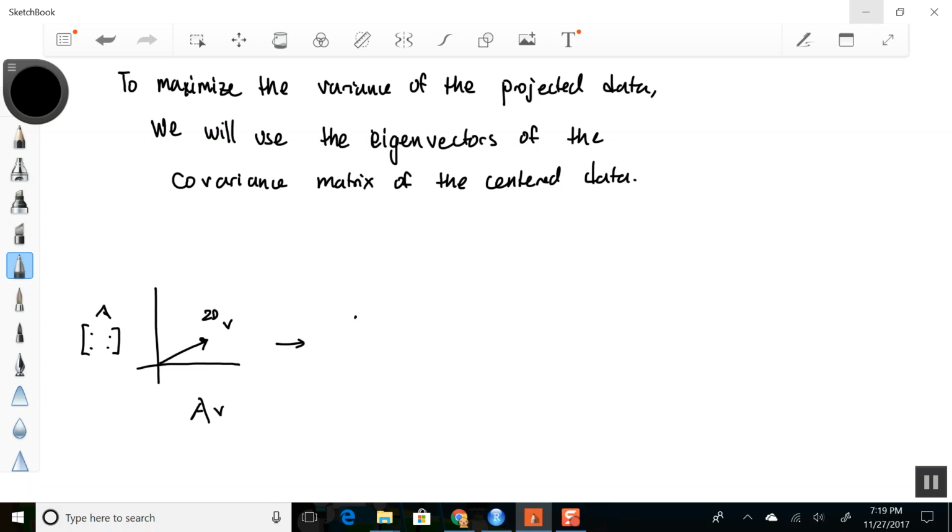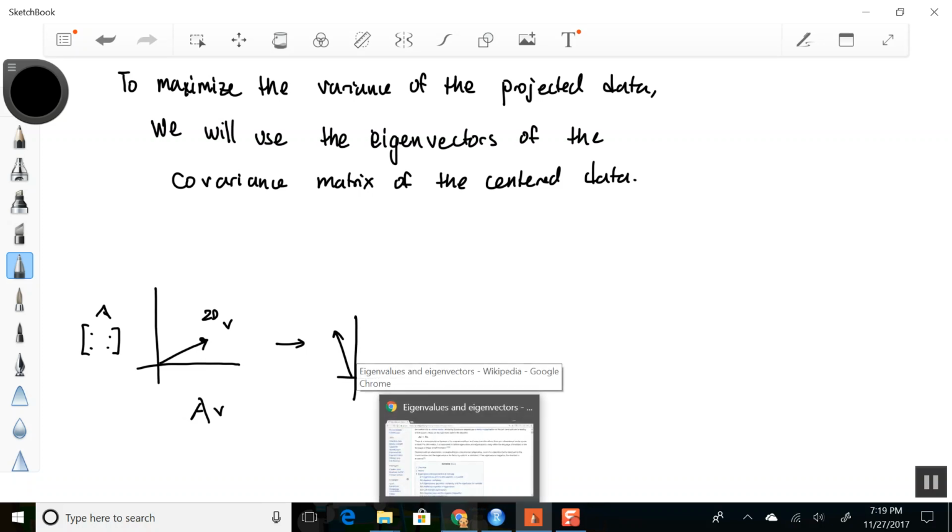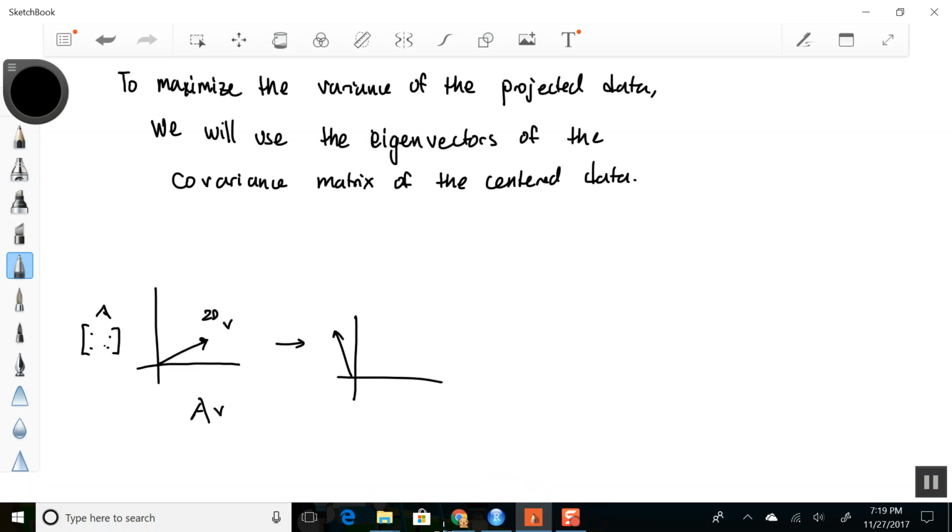Perhaps after multiplying it, you get something like this. This 2 by 2 matrix just represents instructions to transform each vector v.